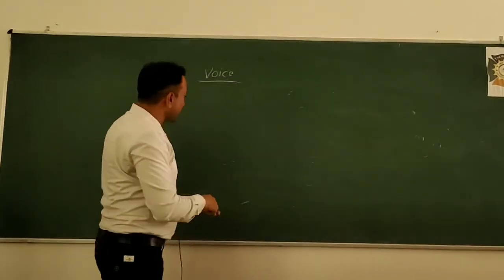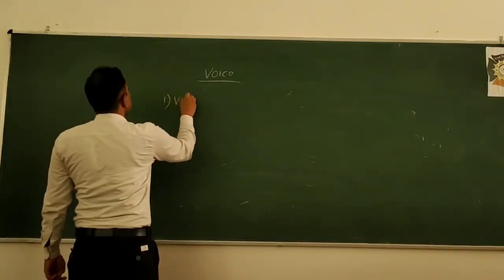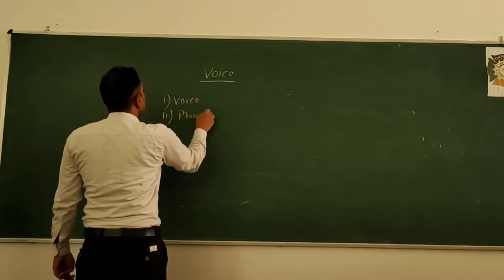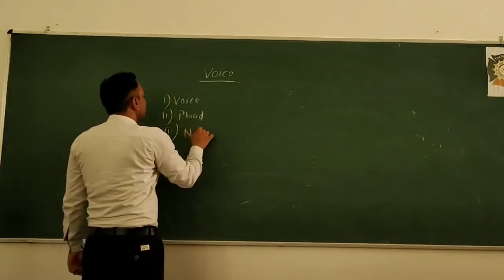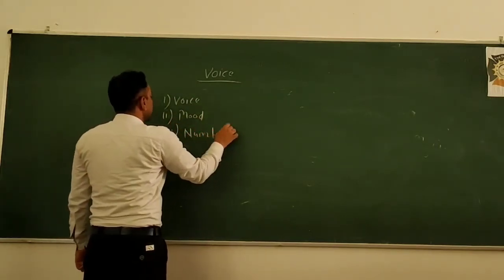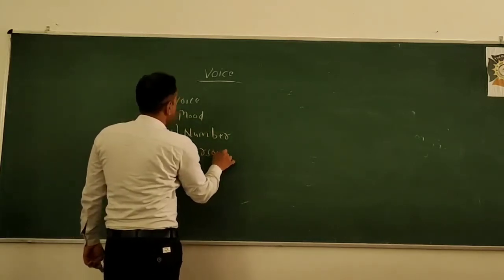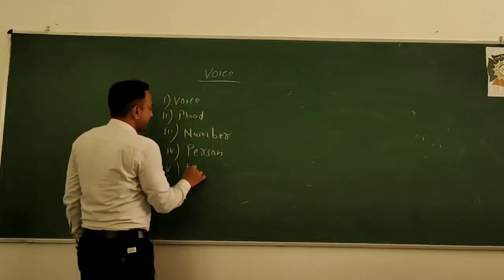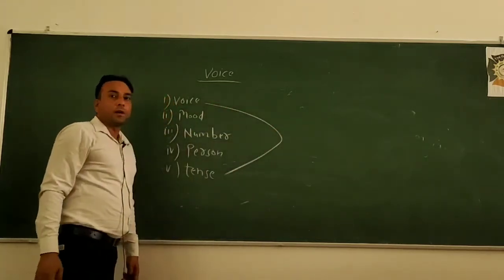The first property of a verb is voice, second is mood, third is number, fourth is person, and the fifth property is tense. These are the 5 properties of a verb.